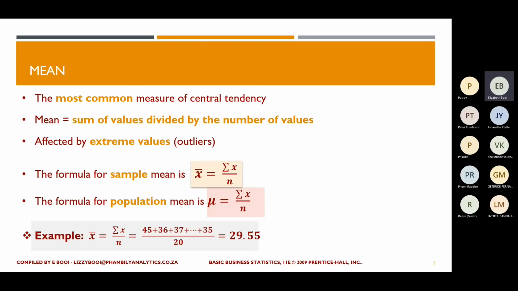The mean is one of the measures that gets affected by outliers or extreme values. What do we mean by outliers or extreme values? They are values that are far away or far apart from the rest of the other values. For example, if I have 1, 20, 30, 40, 100. My 1 will be an outlier, and my 100 might also be an outlier because I've got 20, 30, 40.